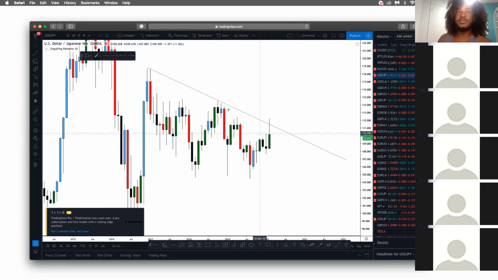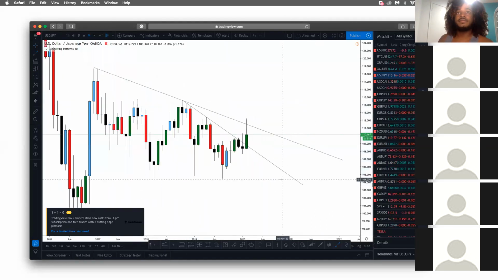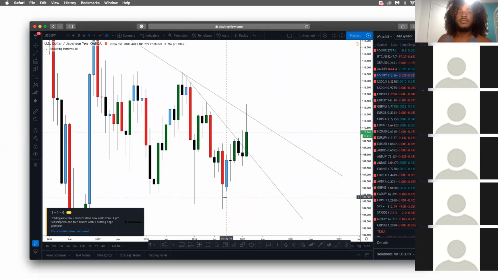So the trend line will look something like this, right? Because this is the high, the low. That middle wick doesn't look like it made a lower low than the last one. This one here.